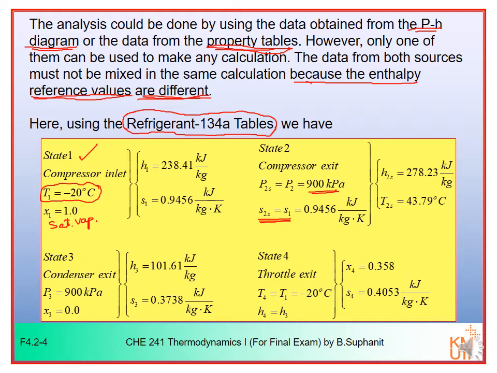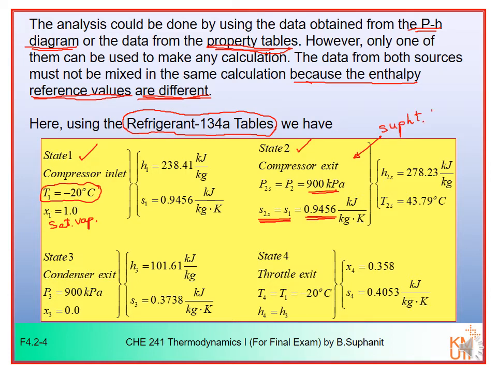Okay, so s2 equal to s1, which is 0.946. Okay, so state 2 will become fully defined from the isentropic relationship. Having known the pressure value and entropy value, you can use the superheated table. This must be superheated now.